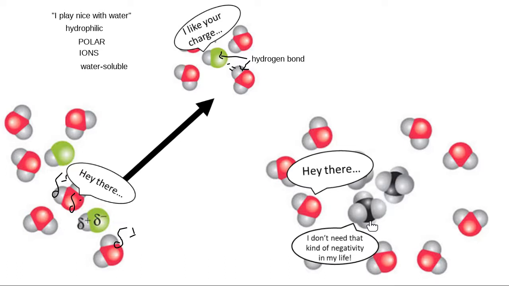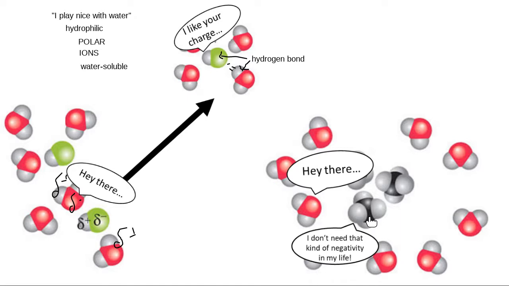They are sharing their electrons equally. So when you come over with a partial positive or a partial negative, these molecules say, hey, I don't need that kind of negativity in my life, or I don't need that kind of positivity in my life. Our charges are balanced. We're equal over here.